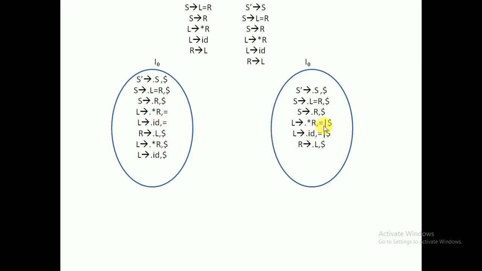So if L is deriving this production as a closure, then the lookahead becomes either equal or dollar. Okay, so this is a rule. You may not see this kind of situation in other examples. Maybe in this problem it is repeated, so we should take it.